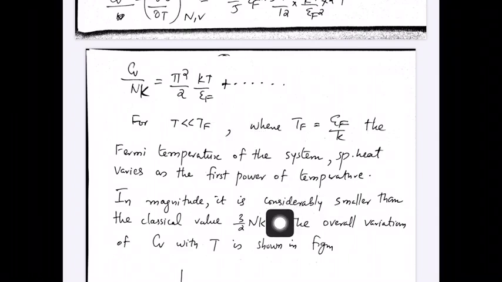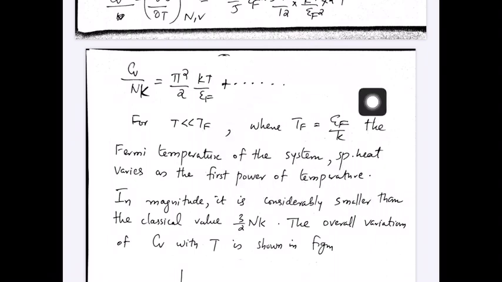Now, how do we say a system is at a low temperature? The Fermi system is at a low temperature when T is far less than this Fermi temperature. So the Fermi temperature is taken as a parameter, and if the temperature of a given Fermi system is less than the Fermi temperature, we say the system is at a low temperature.